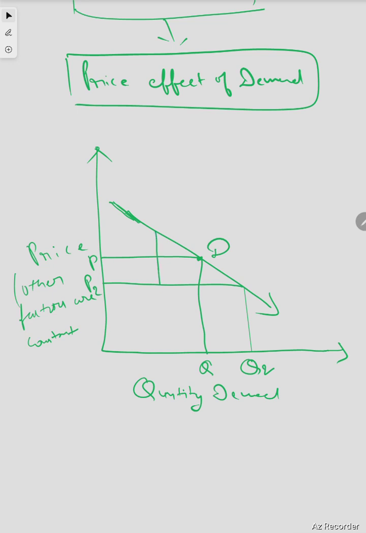Another demand can be here, this point is P1, Q1, then it is D1, D2. Now see, what is expansion and contraction?